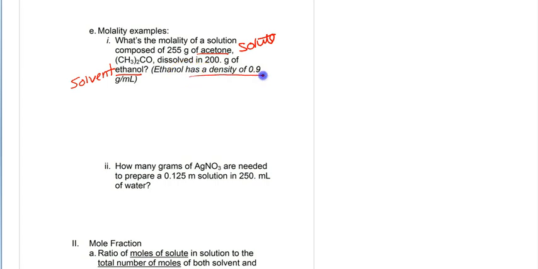Why would you need that? Well, you actually don't need it in order to do molality, because the solvent only needs to be in kilograms. But you are going to need the density of something if it's not water in order to go from grams to liters. So this would be more appropriate if we had to figure out molarity. Please keep that in mind.